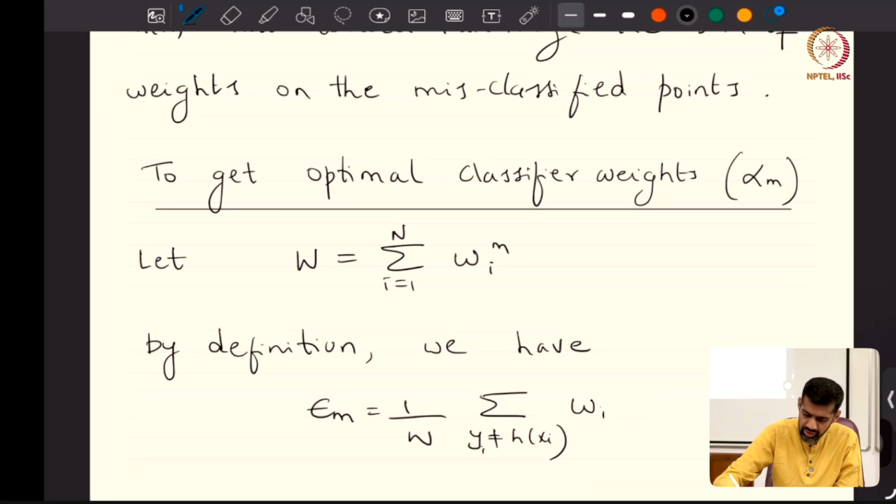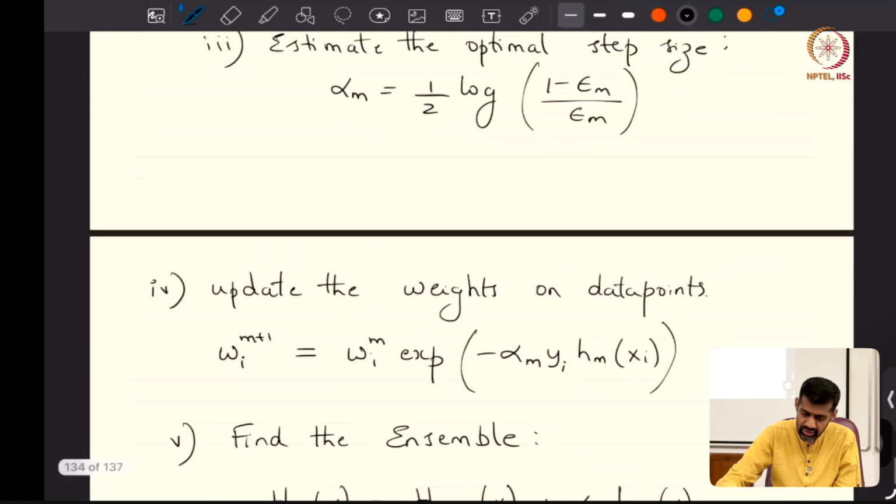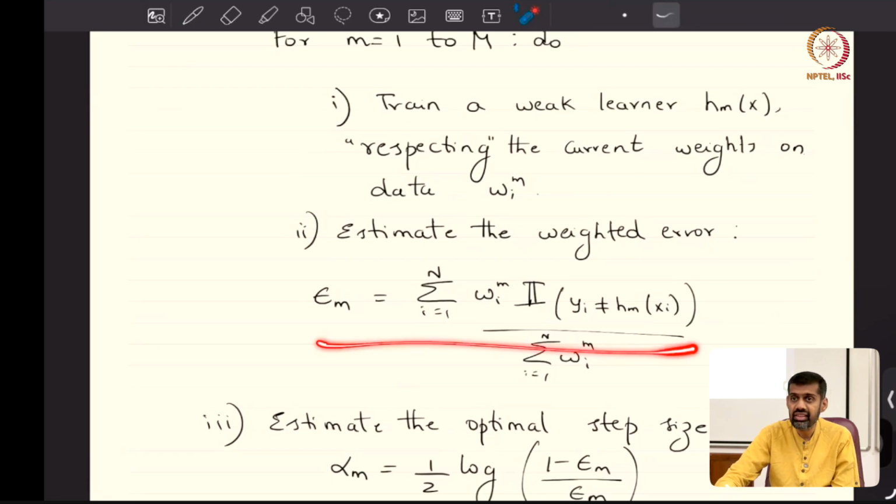You recall the definition of this epsilon m, right? We defined it as the percentage of the weights over the samples that are misclassified.